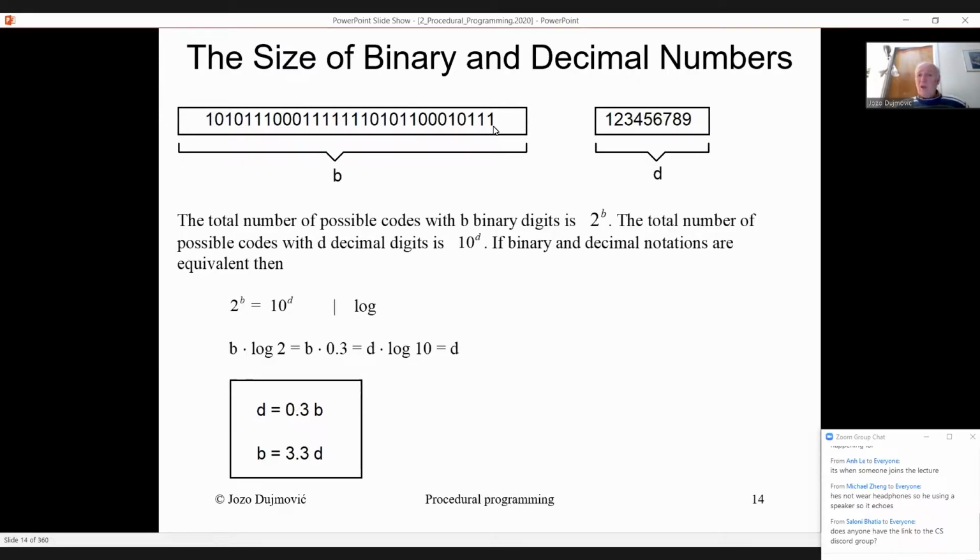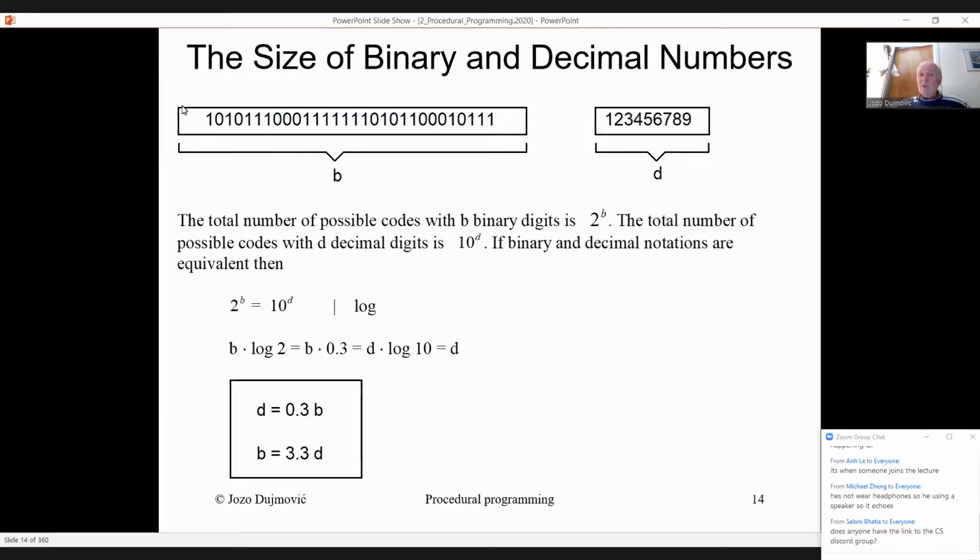So this integer will be stored in some pattern of ones and zeros, and I have B of them. So the question is, how many bits B do you need for these D decimal digits?